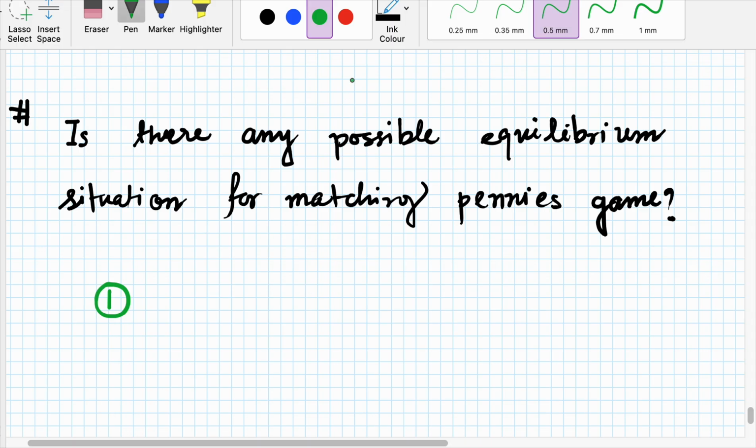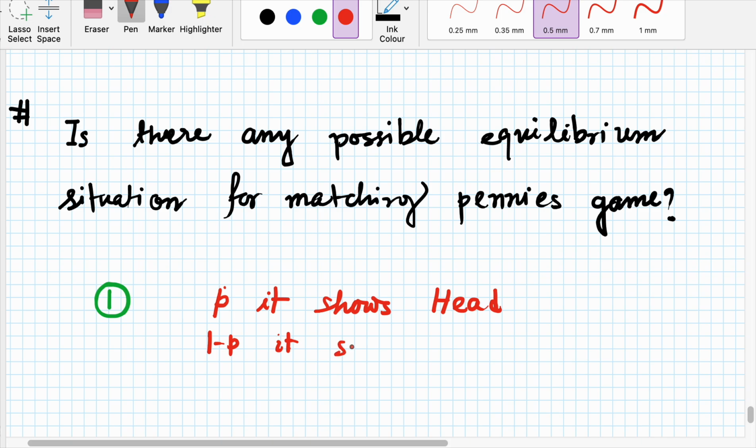So I am suggesting, why not have player 1 randomize his strategy, suppose with probability p player 1 shows the head, and the rest of the time it shows tail.